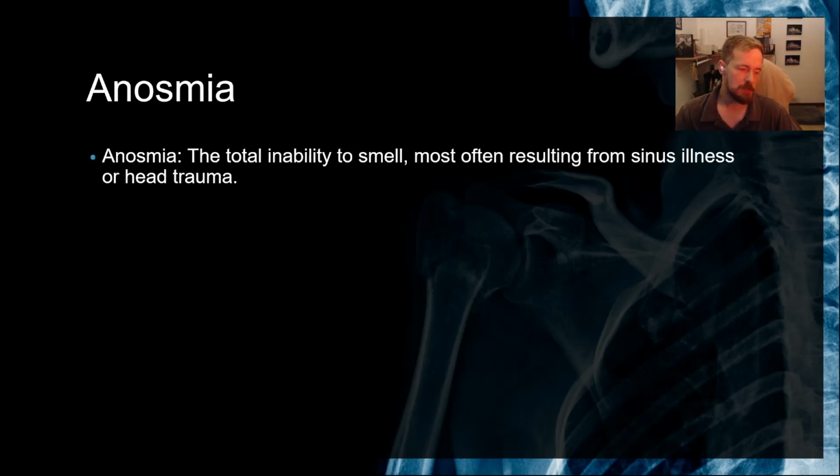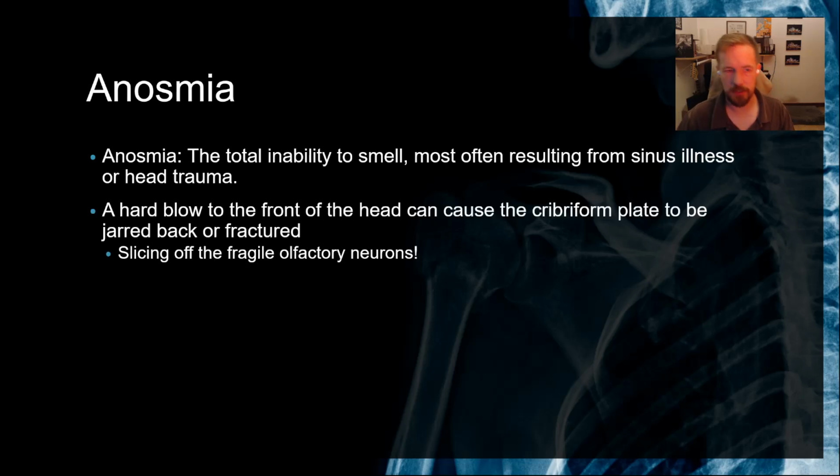So anosmia is the inability to smell. And this can happen for a couple of reasons. It can happen because of some kind of illness, which is what we see with COVID, or it can be from head trauma. And so if you get hit in the face, somebody punches you in the nose, or if you get a baseball that hits you right in the face, that can actually slice through.